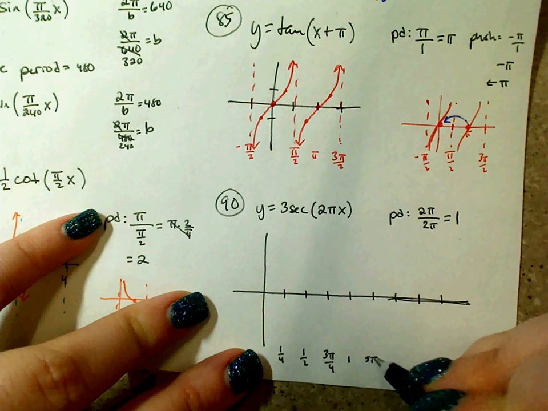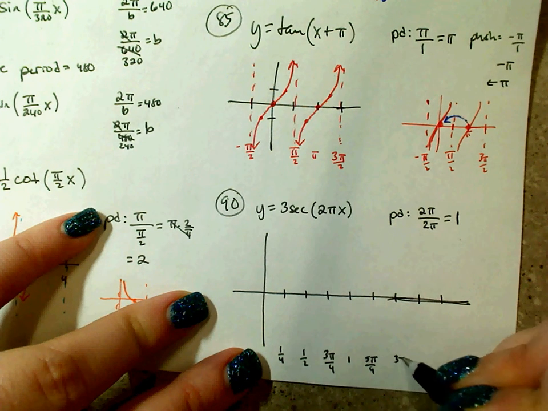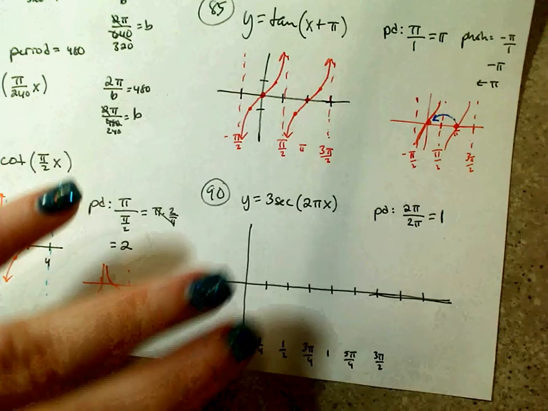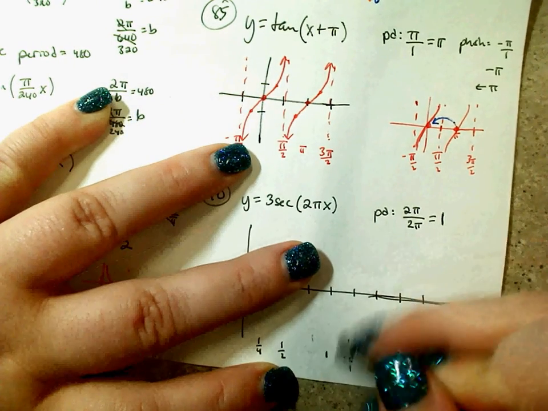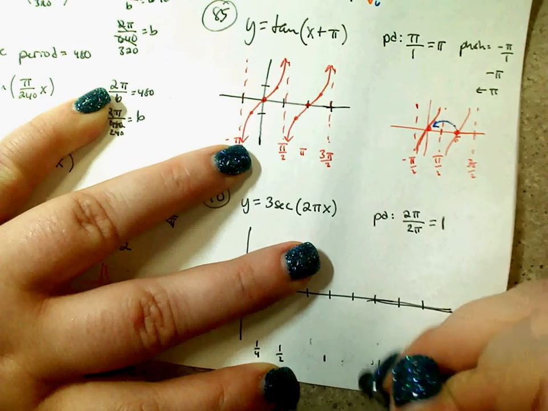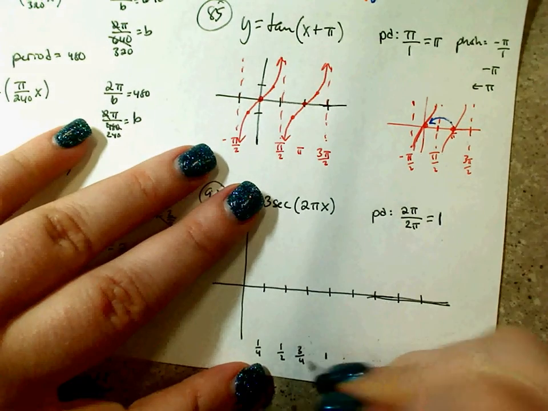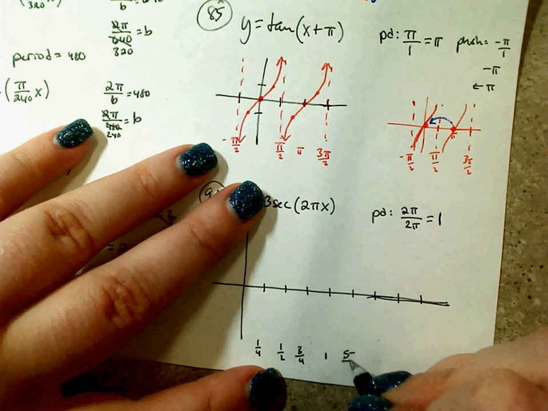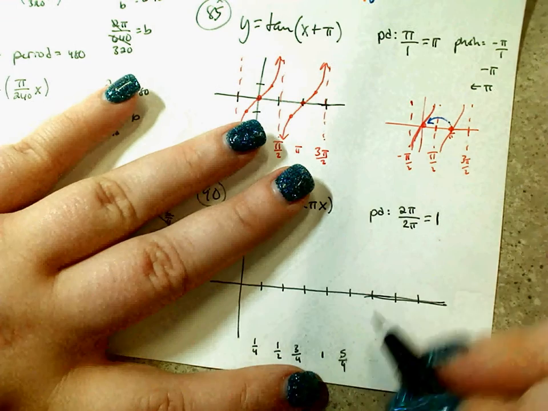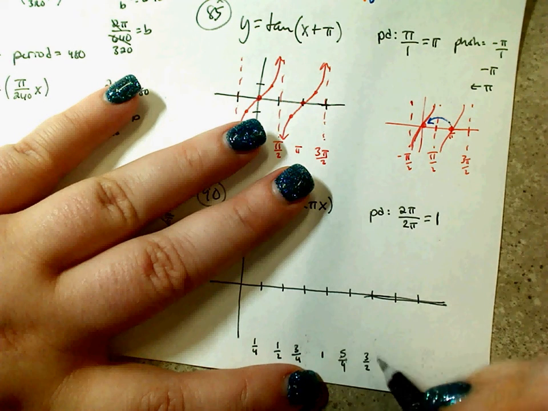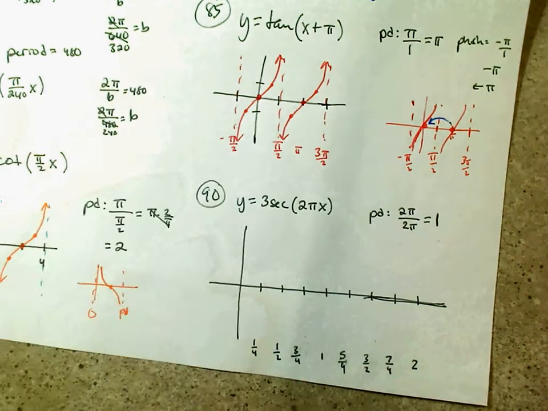Oh, I see. 3 fourths. Oh, I started doing it again. 5 fourths. 6 fourths is 3 halves. 7 fourths. And 8 fourths, which is 2. Okay. 2, 3.